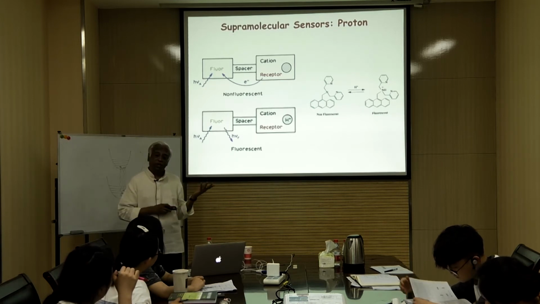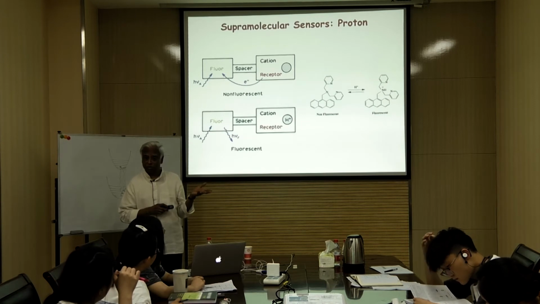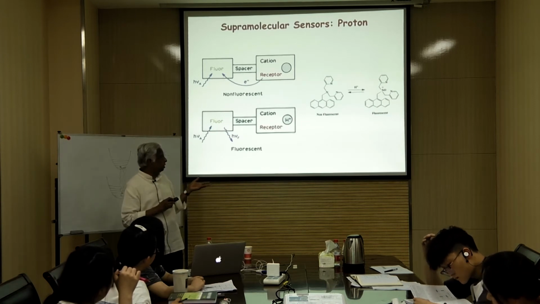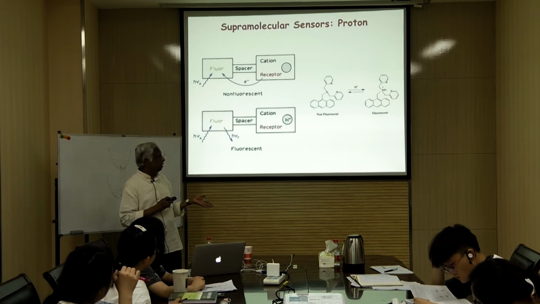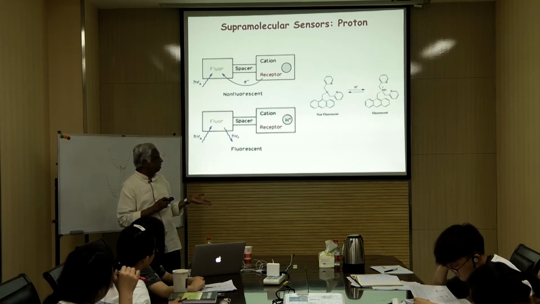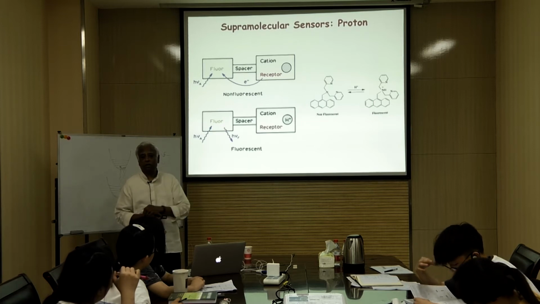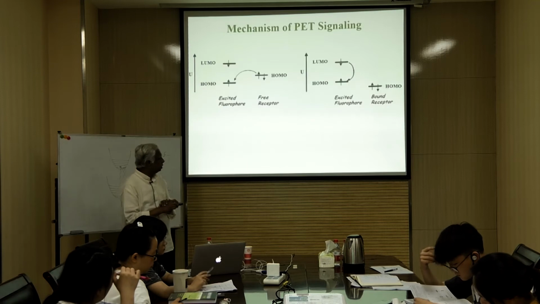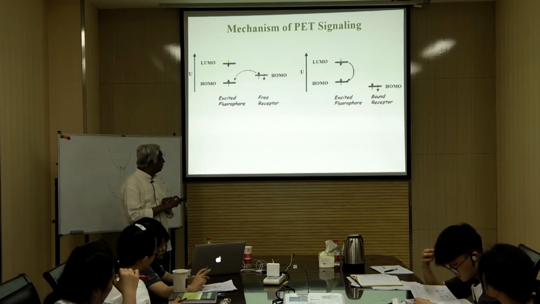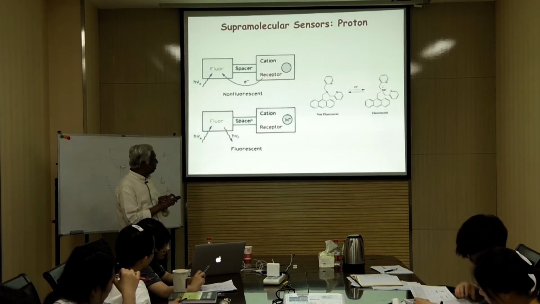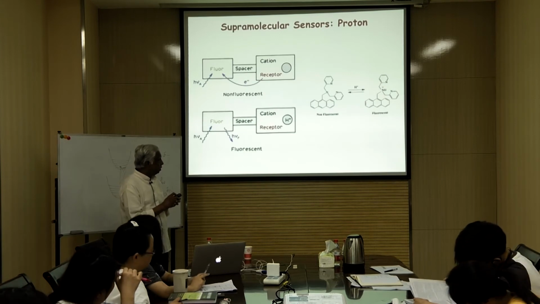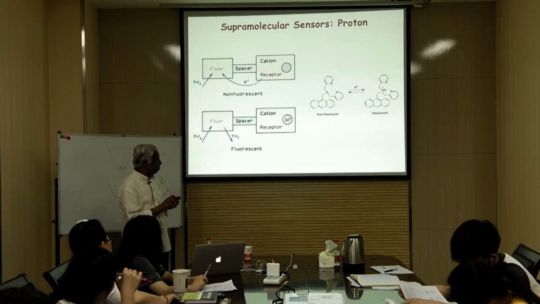But you have to figure out whether it happened or not. Looking at this molecule, you cannot tell whether you have a fluorescent sensor or not. It is this part of the molecule that is going to tell you whether the proton is there or not. Now look at this compound. If you have this molecule, it is non-fluorescent.